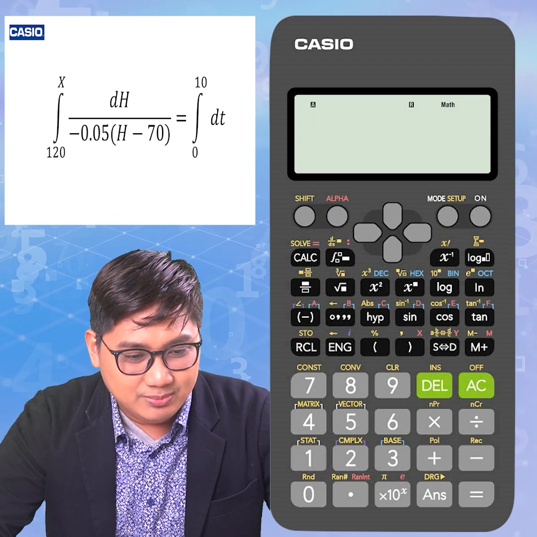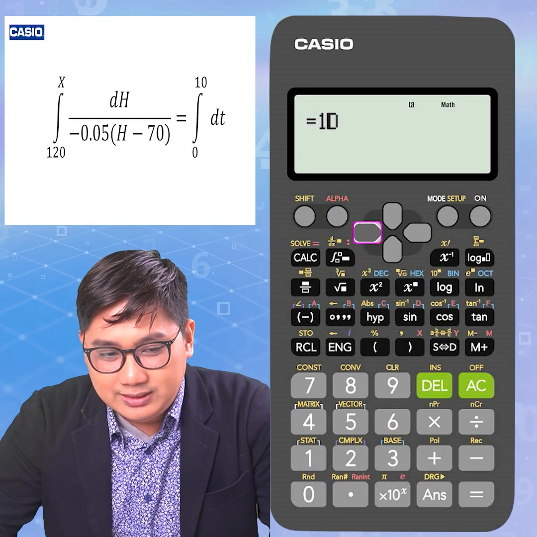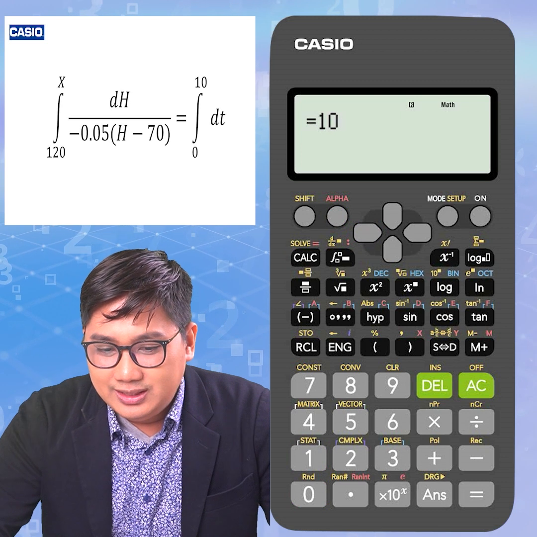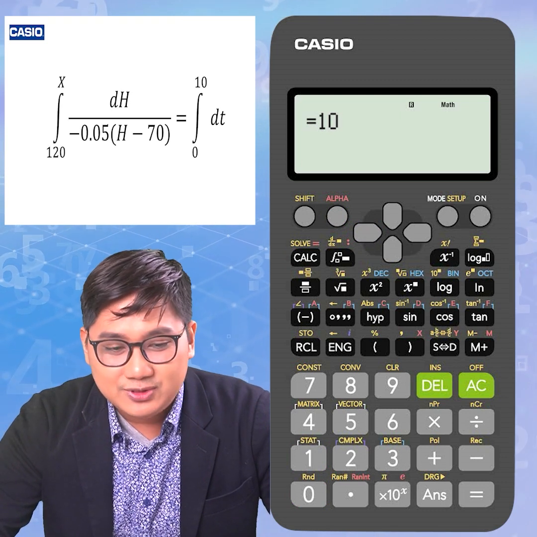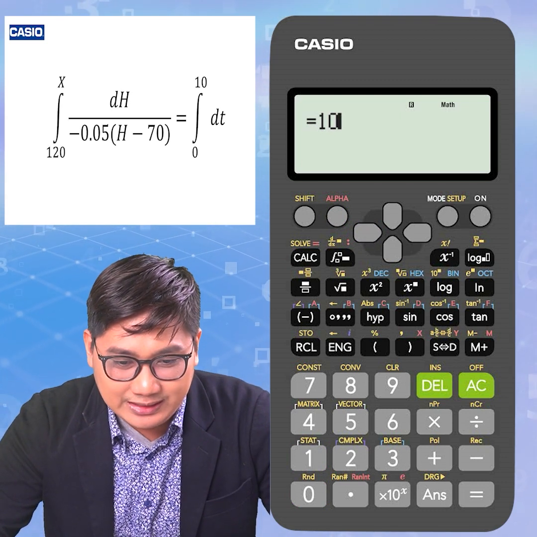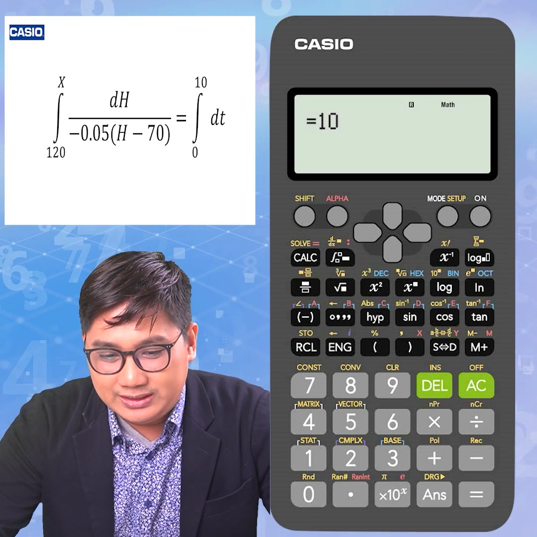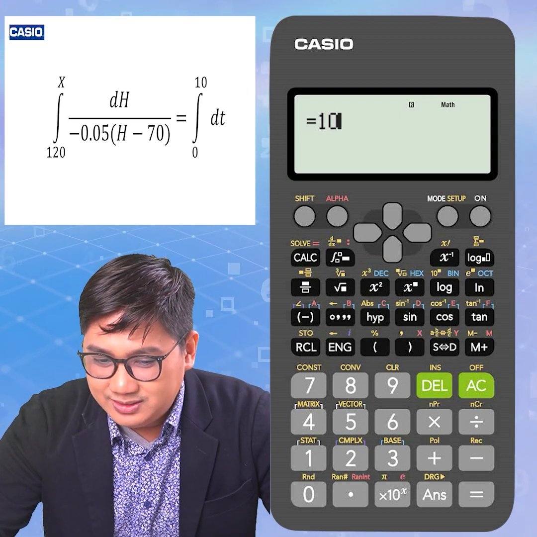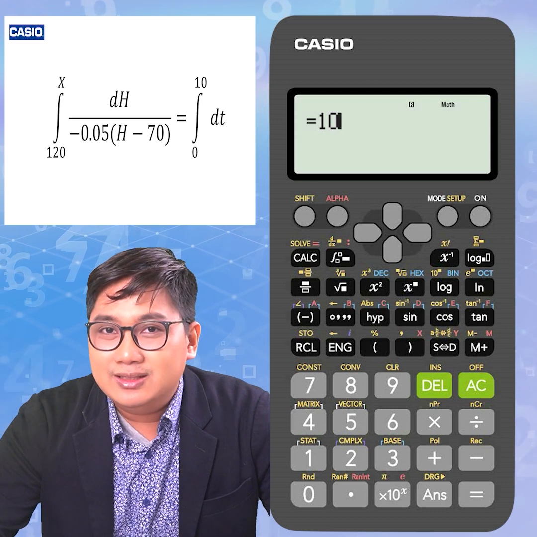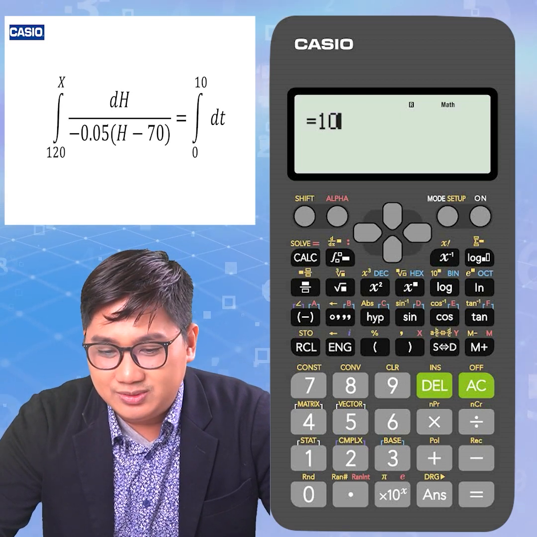So let's input this information: is equal to 10 on our right side. Then on the left side, since the shift solve capability of the calculator cannot perform the integral computation with x as one of its limits, we can solve this left side by computing the antiderivative of the function.